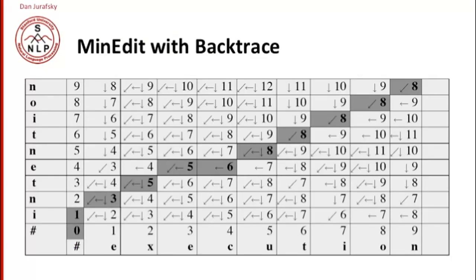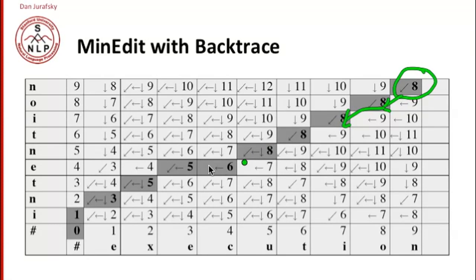And so we're going to do this for every cell in the array. And the result will look something like this, where we have, for every cell, every place it could have come from. And you'll see that in a lot of cases, any path could have worked. So this 6 could have come from any place. But crucially, this final alignment, this 8, that tells us the final edit distance between intention and execution, our traceback tells us it came from the best alignment between intentio and executio, which came from the best alignment from intenti and executi, and so on.